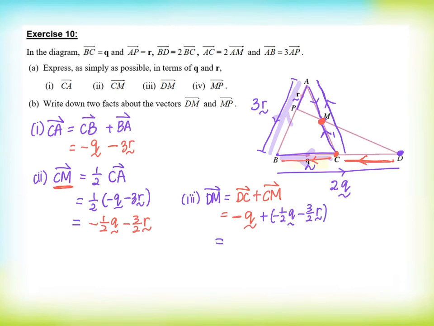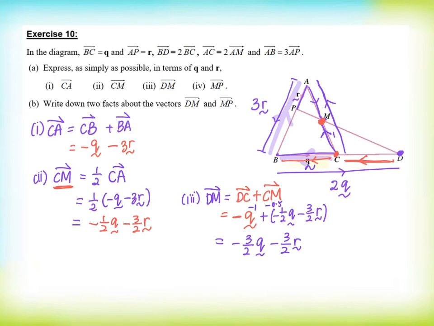Simplifying this, I will get negative Q minus half Q. That will give me negative 3 over 2Q, negative 3 over 2R. This is negative 1. This is negative 0.5. So it's a total of negative 1.5, which is negative 3 over 2Q.